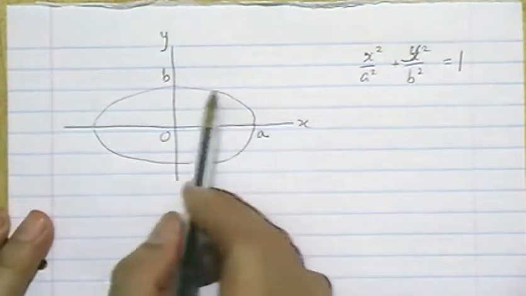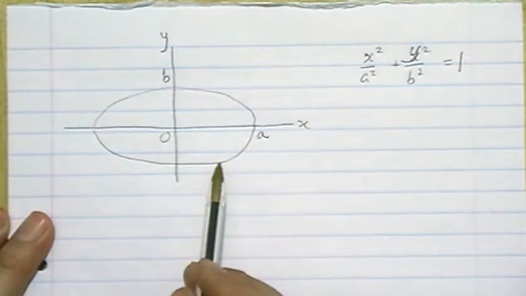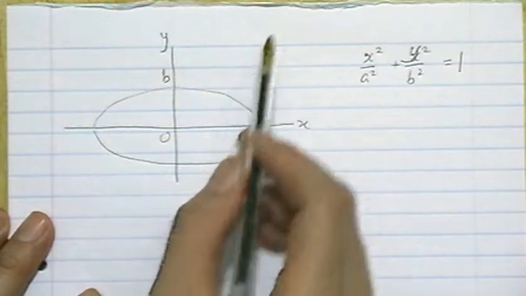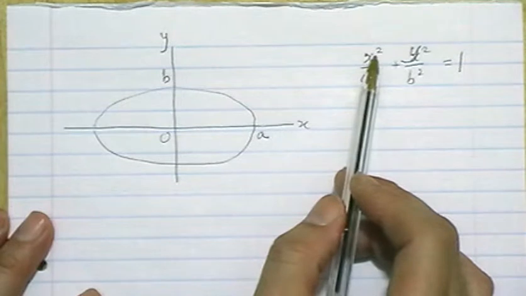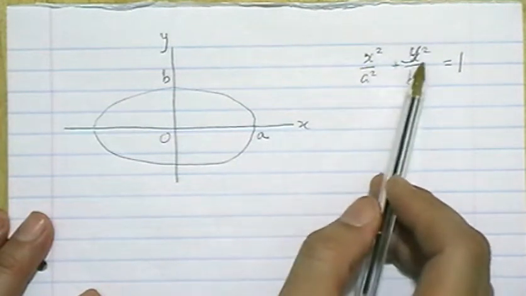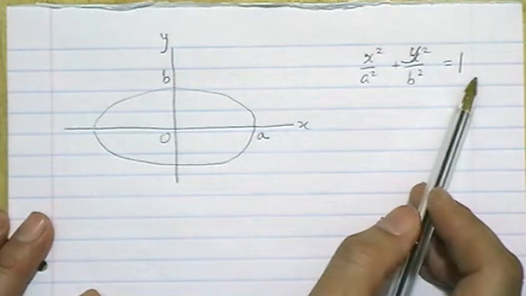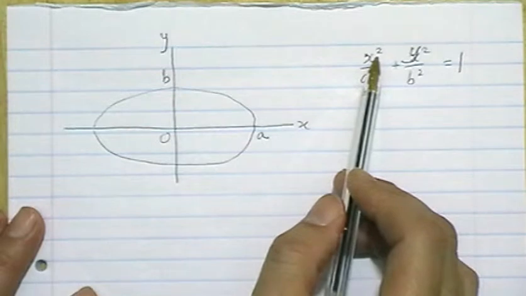In between, the curve cannot increase to big values of x and y, because the square of x and the square of y added together this way must always be equal to 1. So x can't just increase to very large values.